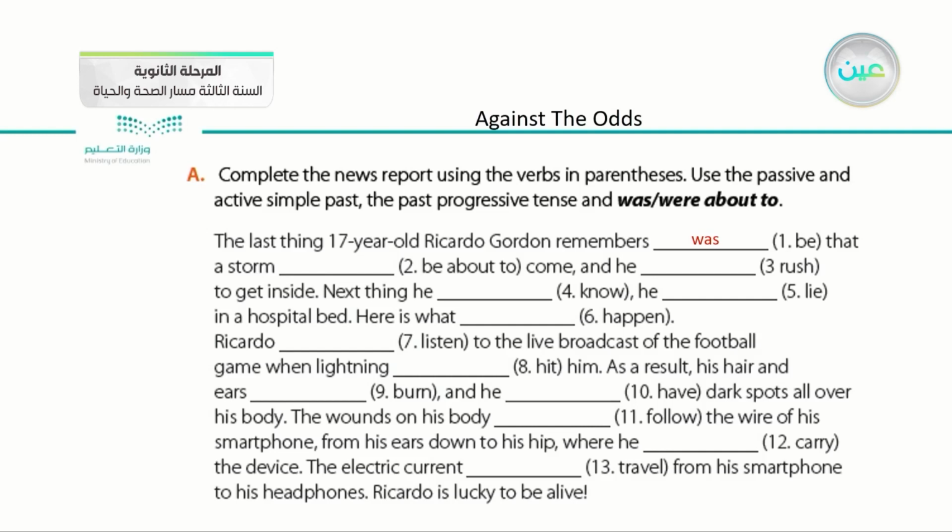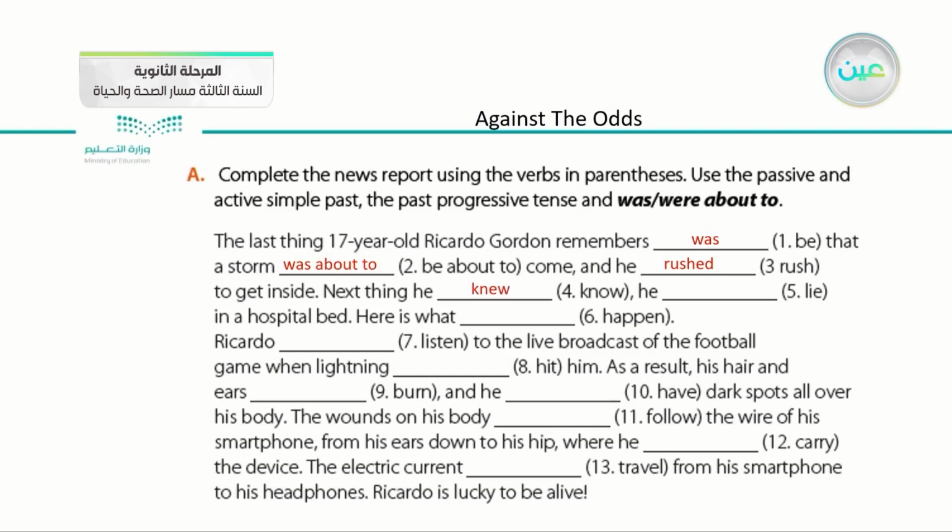So the answer is, the last thing 17-year-old Ricardo Gordon remembers was that a storm was about to come, and we have here the word rush, and the context is in the past. So the right thing to do is to add the ed for the verb. And he rushed to get inside.